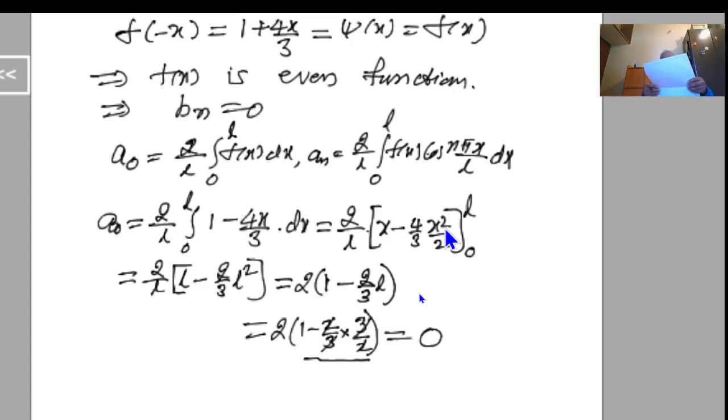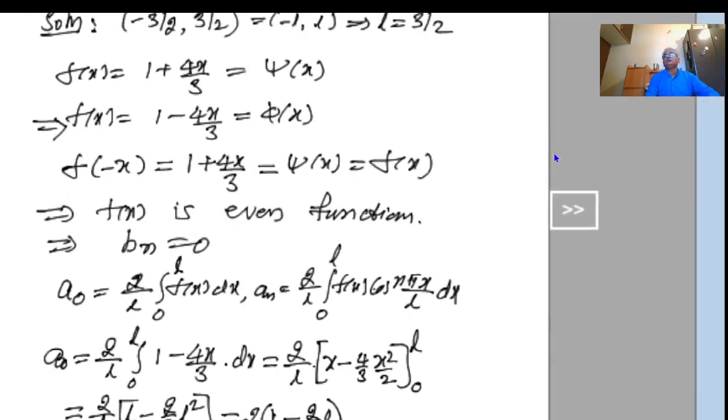Now we find An. Next we go to find the An value.